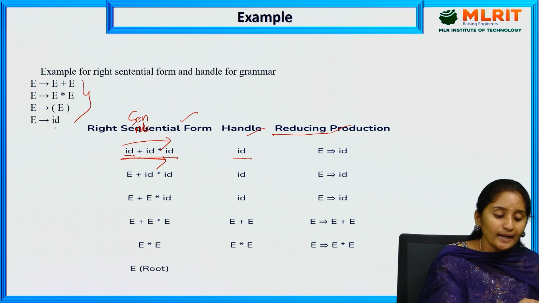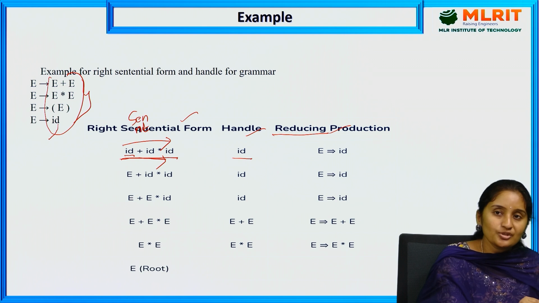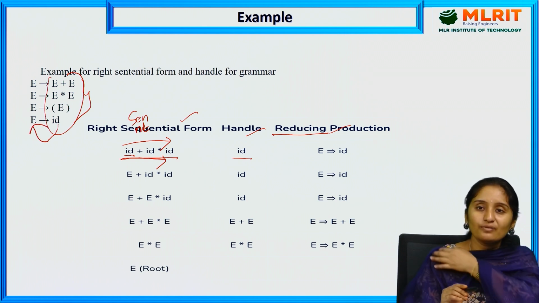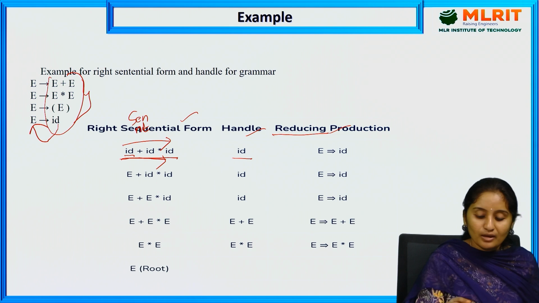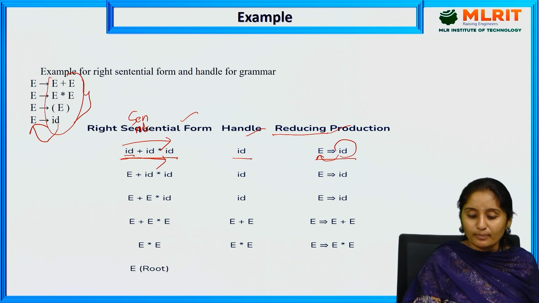It checks whether ID is present in my rightmost derivation. Yes, it is found. Then replace it with the leftmost non-terminal. What is that non-terminal? E tends to ID. So the terminal is reduced to the non-terminal. That is written in the reduce production.